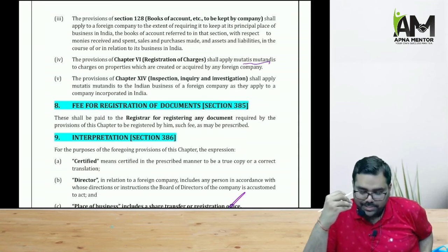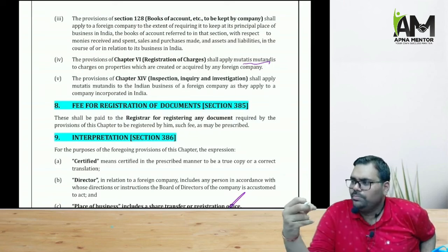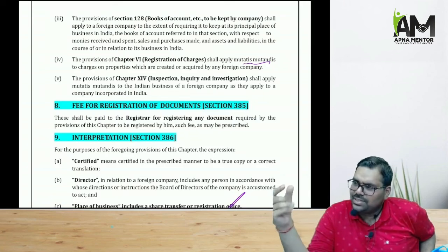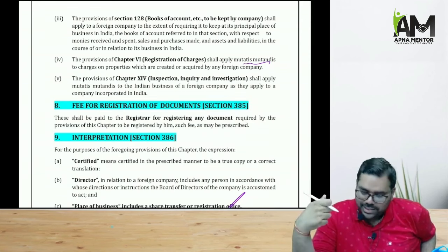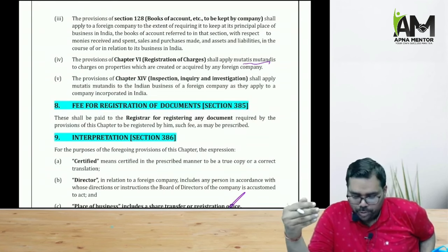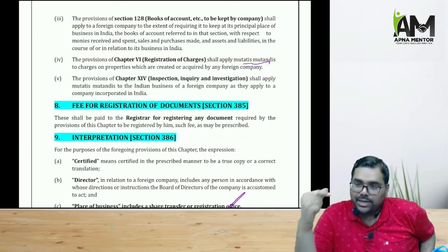Mutatis mutandis is a basic term of law. In the basic chapter where we discuss the various definitions, the meaning of various terms, there itself you can write the meaning of mutatis mutandis.